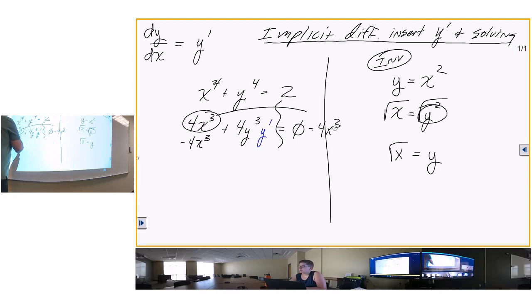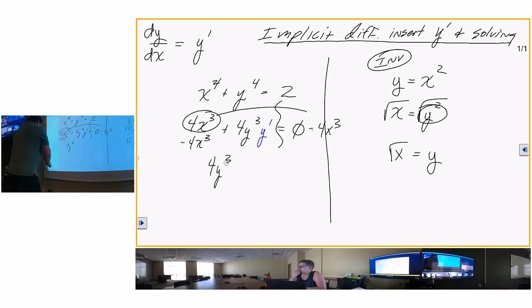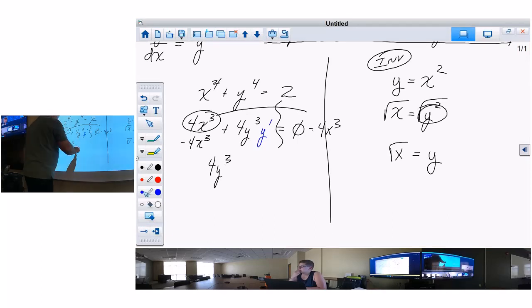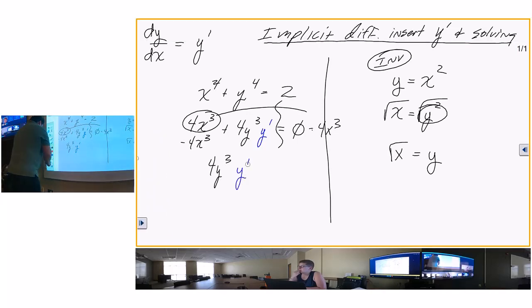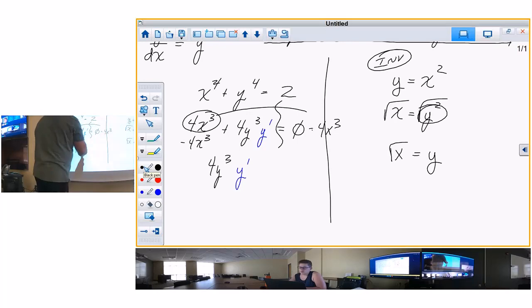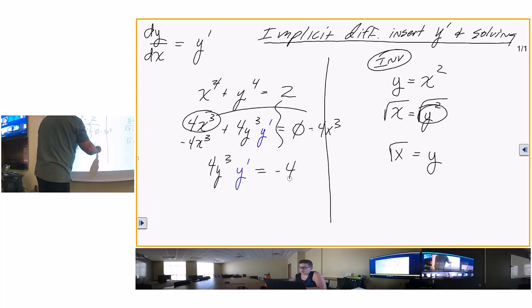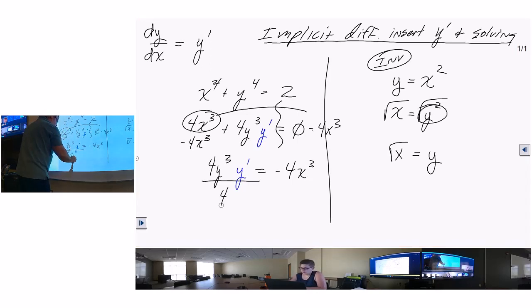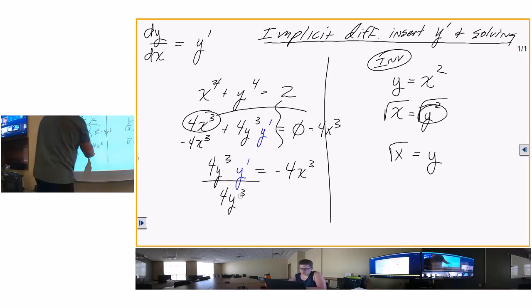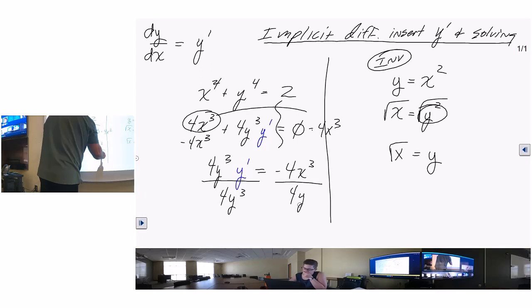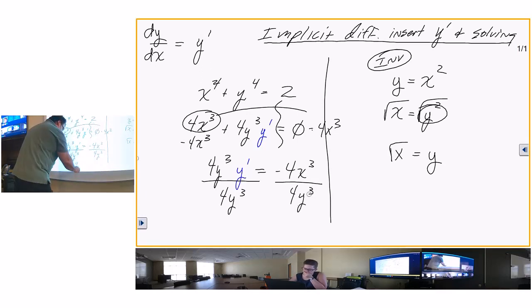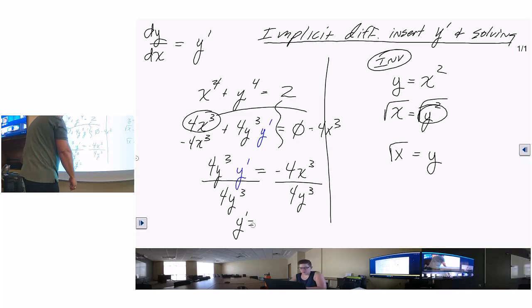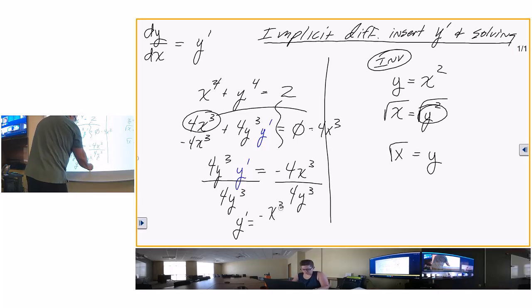So now we've got 4y to the third y prime is equal to negative 4x to the third. Divide by 4y to the third. And that's going to give you y prime is equal to negative x to the third over what?